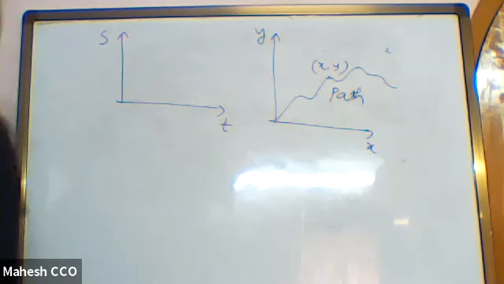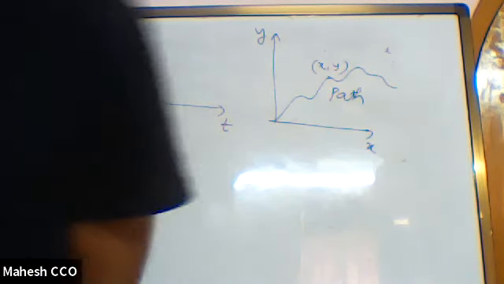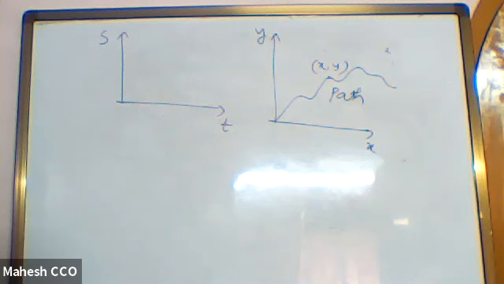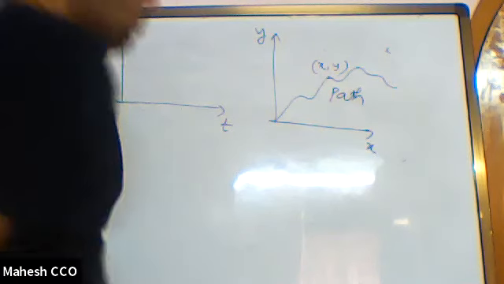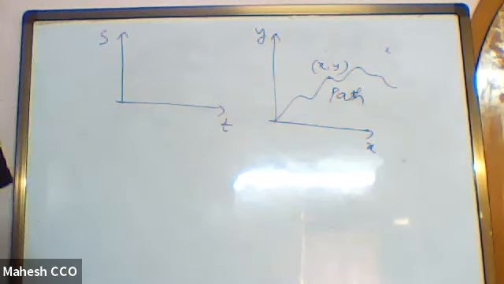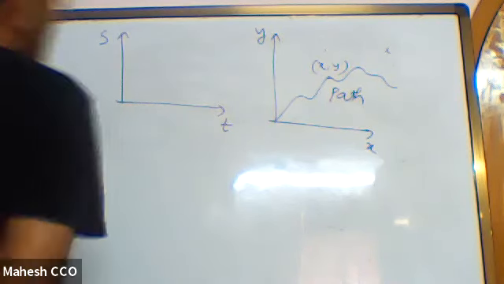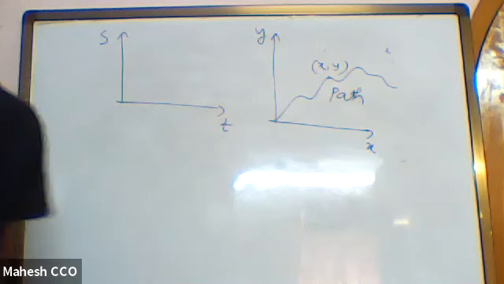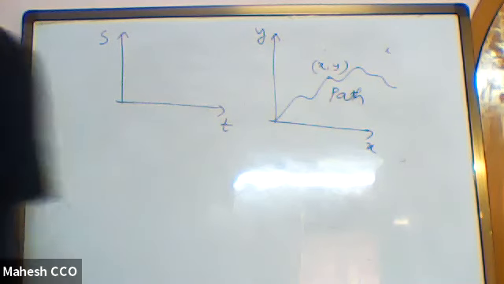A single s versus t graph can never depict a two-dimensional motion. You will have to draw x versus t and y versus t, both of them. Only then you will be able to satisfactorily depict the entire two-dimensional motion. So these things you must understand before we get into the graphs.